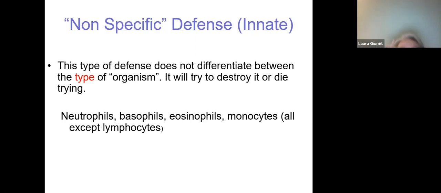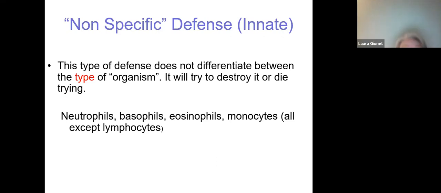Okay, so now we're moving on to non-specific and specific lines of defense. This is otherwise referred to as the innate. I still refer to it as non-specific, so I need to get out of that habit, but for me, it's easier to keep it straight. Always had, always will. This type of defense does not differentiate between the type of organism it's being exposed to or responding to. It will try to destroy it or die trying.